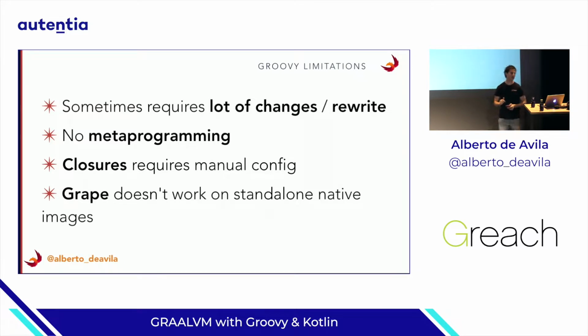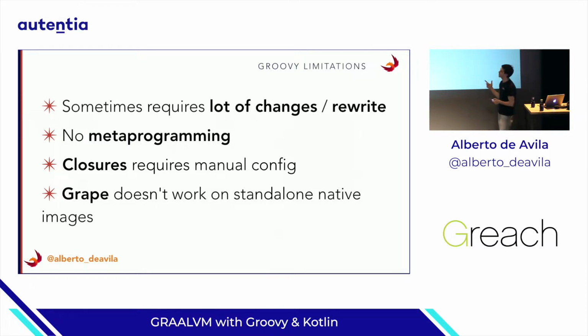To make Groovy work with GraalVM, you have to rewrite your code or make a lot of changes to work with it in a native image. You can't even use metaprogramming.